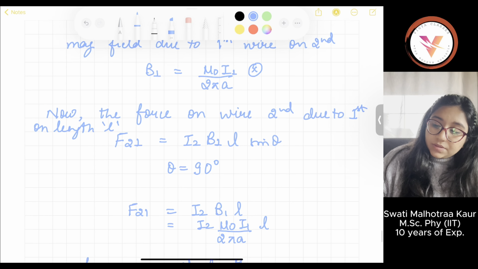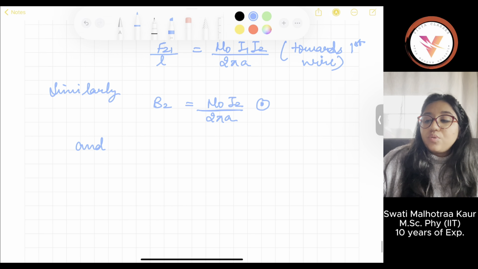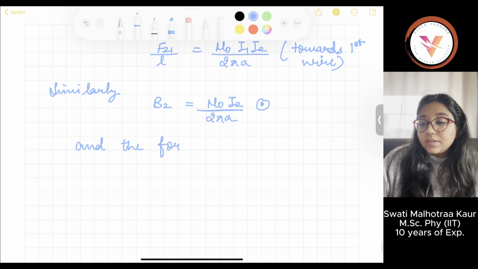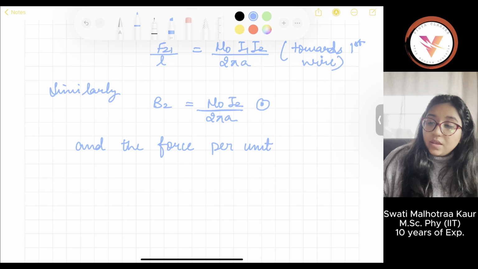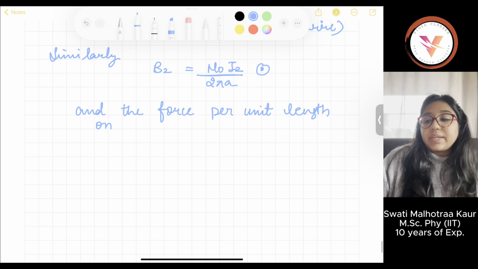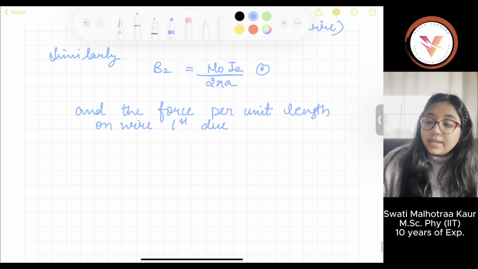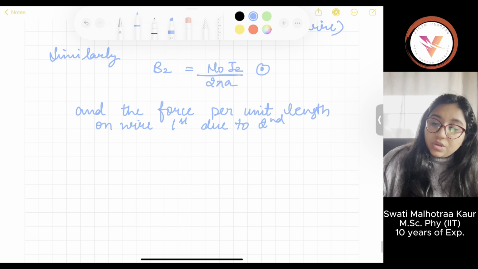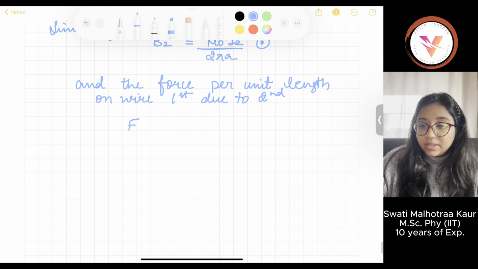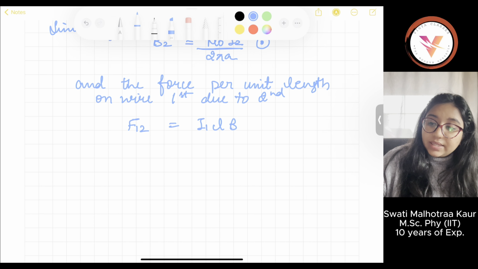And the force per unit length on wire first due to second is F12, which comes out to be ILB, that is I1 L and B2 sine theta, and theta is 90 degrees here.